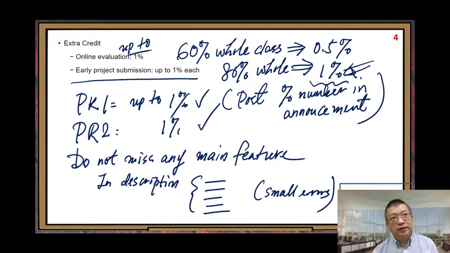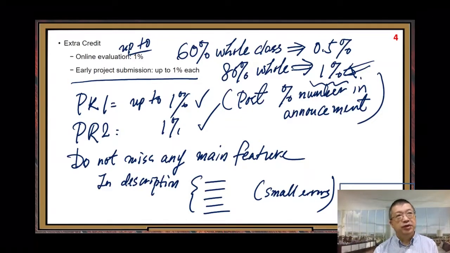If you have some very big error, then you may risk losing the extra credit chance. That means you need to really do a good job in your project in order to be qualified to earn extra credit.